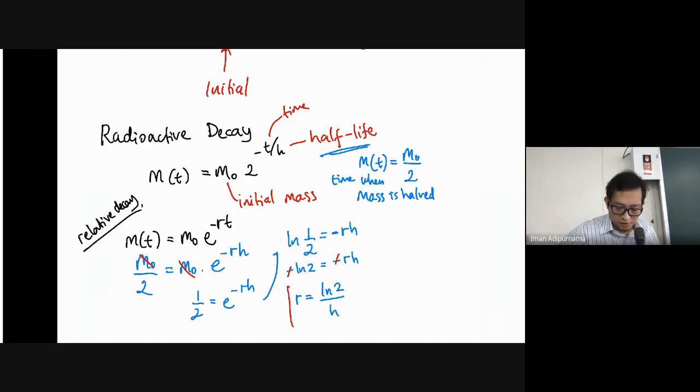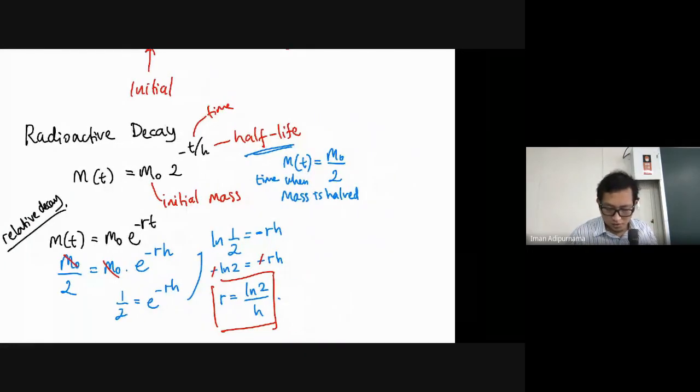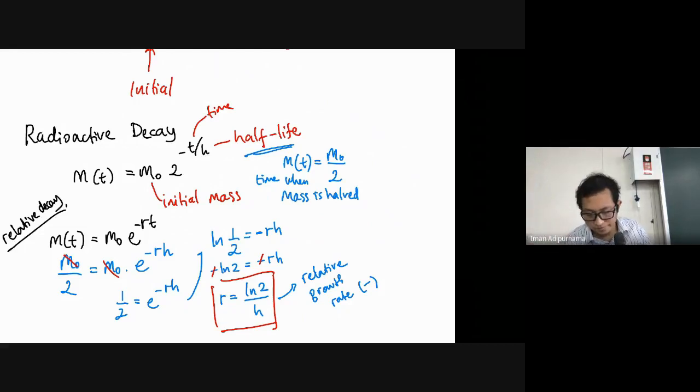So what does r mean? This is the relative growth, let's say just growth rate. But it's in decay, so it's not growing. It's reducing. So I will use this as minus. Yes, decay rate.